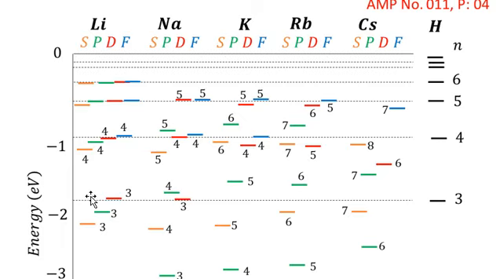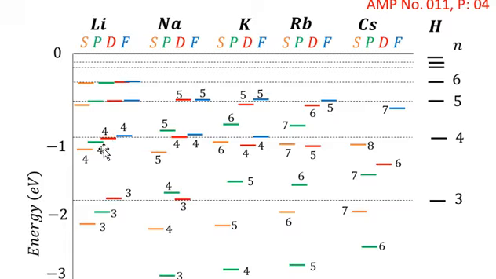Now if you move to the principal quantum number 4 for the lithium atom, I have specified this 4 with each of these four energy levels. When n is equal to 4, we have four values of the orbital quantum number starting from 0. So L equal to 0 is represented under capital S, L equal to 1 under capital P, L equal to 2 is represented in red under capital D, and L equal to 3 is represented under capital F as the blue line.